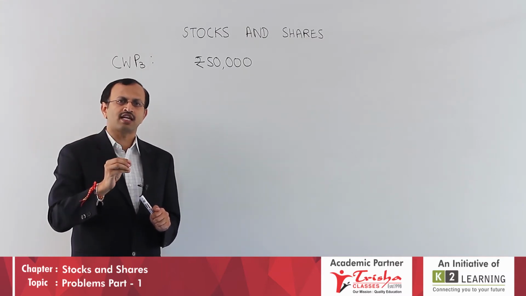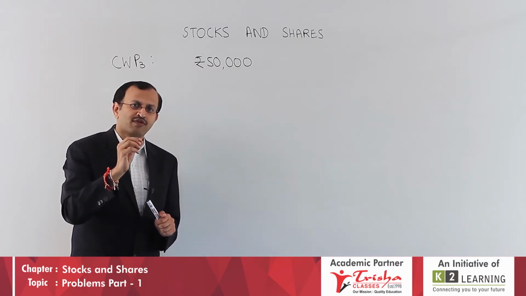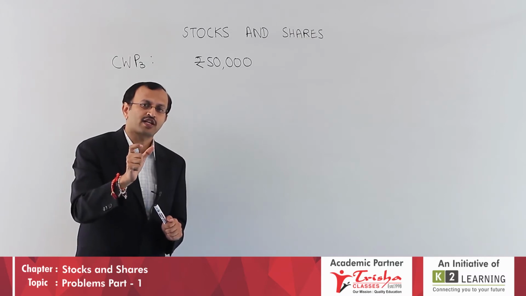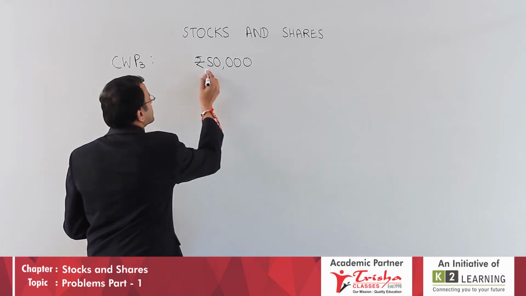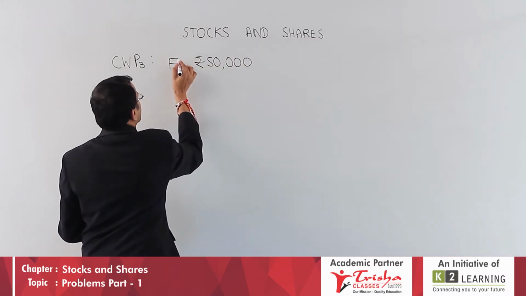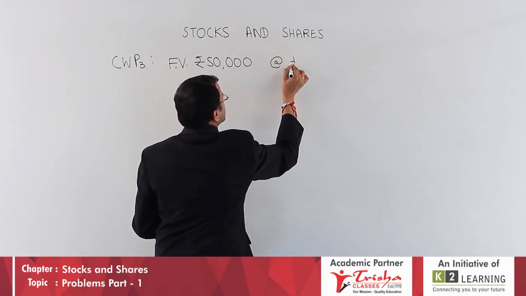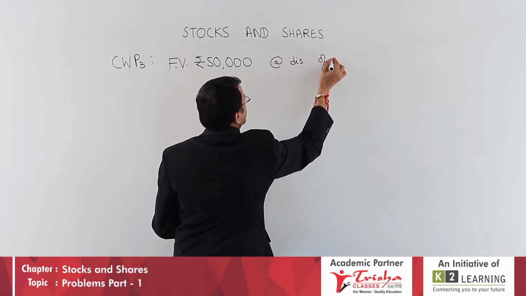If these three are understood, that's very easy. The question says Madhuri sold stock, rupees 50,000 stock. What is this 50,000 stock? Already said, whenever they say rupees 50,000 stock, this is always face value. At what price did she sell? At a discount of 10%.